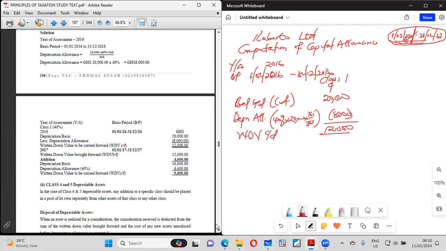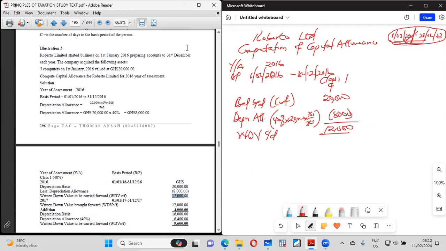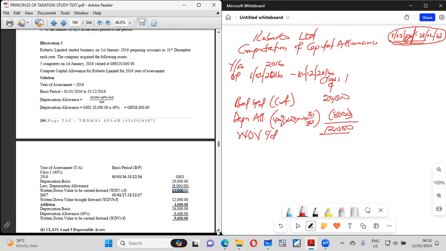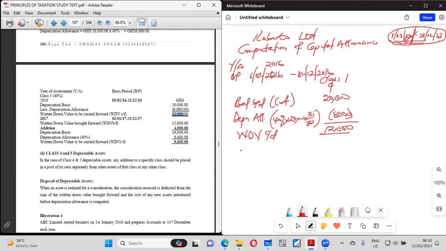Okay, now, as you see here, if the question says for 2016, we've ended 2016. If the question says go ahead and do for 2017, what you do is that you maintain your simple heading, but you come here and say year of assessment 2017, and you write the basis period being 01/01/2017 to 31st December 2017.